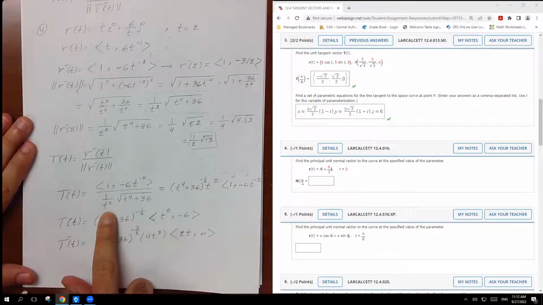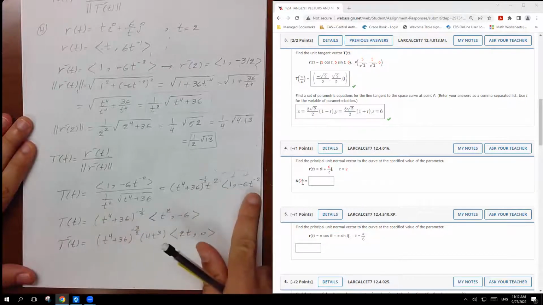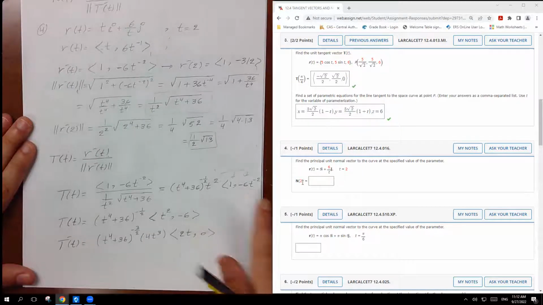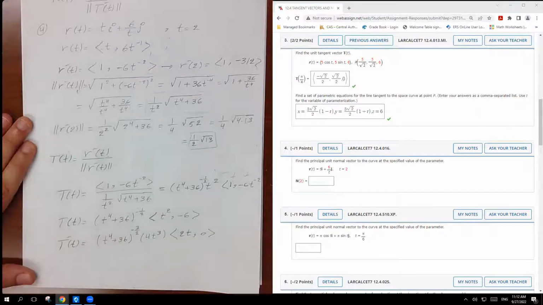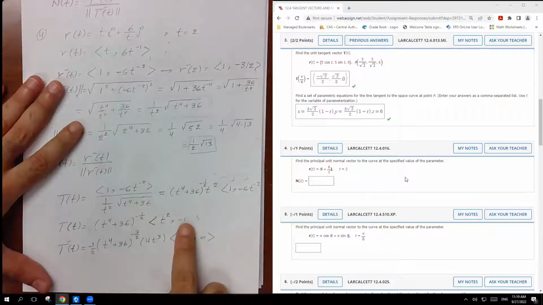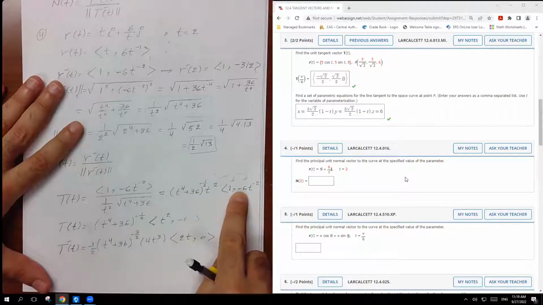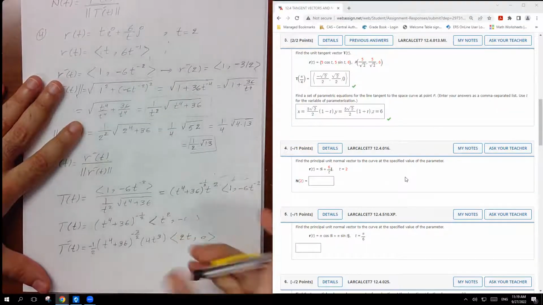T squared. This is negative 2. Together this. When I did the derivative here, negative 6 times negative 2 is going to be 12.